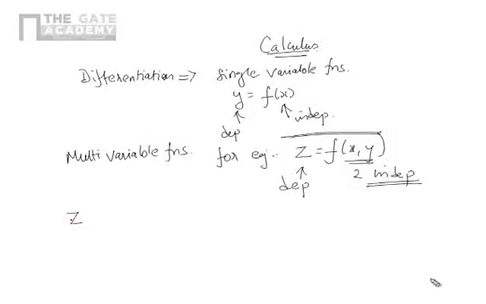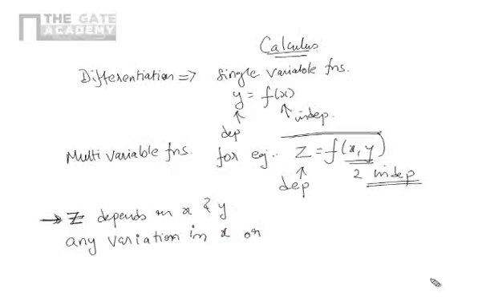Z depends on x and y. Okay? So if I go on analyzing this statement, what do I get? Any variation in x or y.